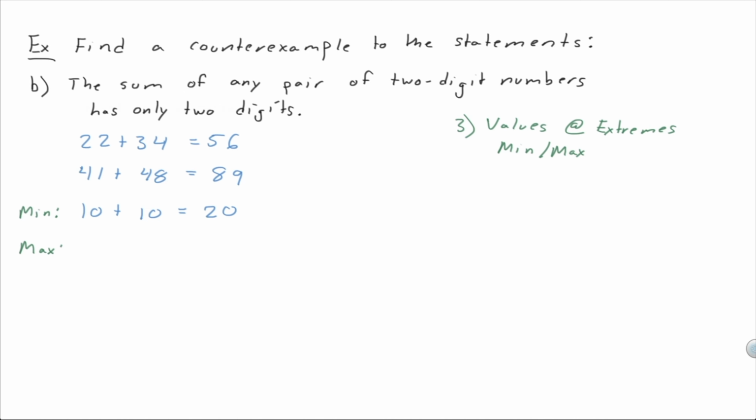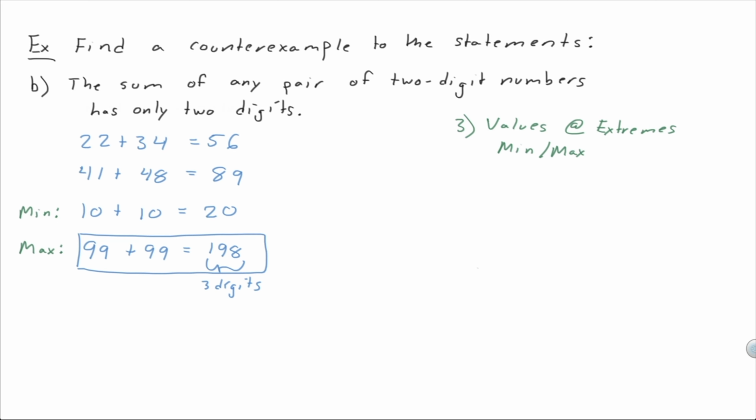The largest 2-digit number is going to be 99. So if we added 99 plus 99, well, then what do we get? We get 198. And here we can see we've now crossed that 3-digit threshold, right? Since 198 has 3 digits, this becomes our counterexample.